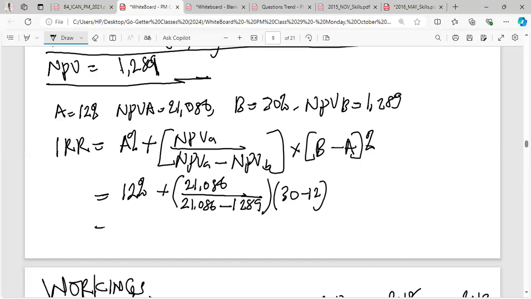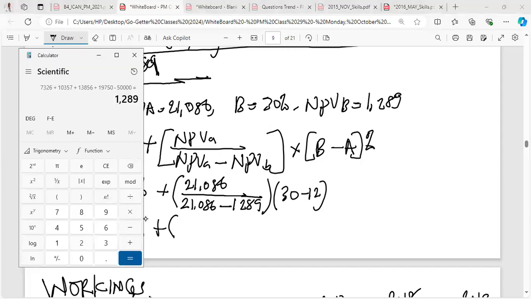So this is going to be 12% plus, let's tidy this. Let's do the denominator: 21086 minus 1289 will give me 19797. Let me copy this, 19797.